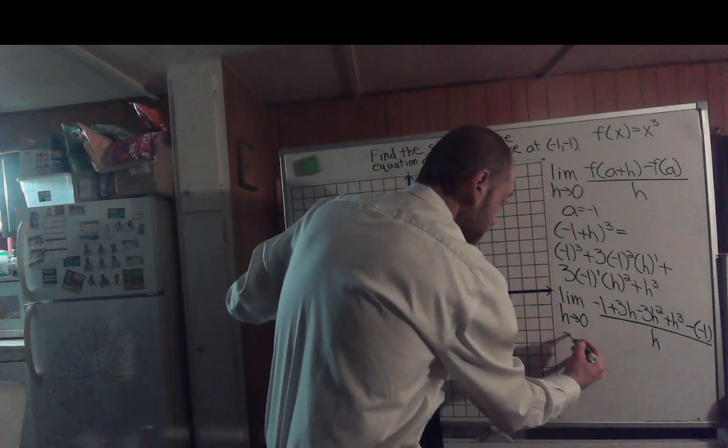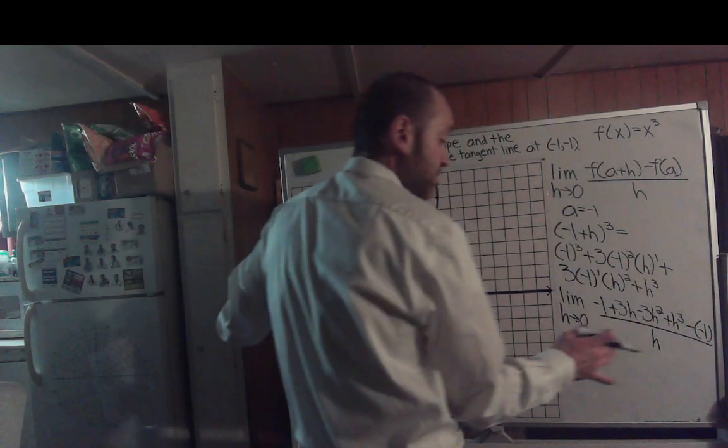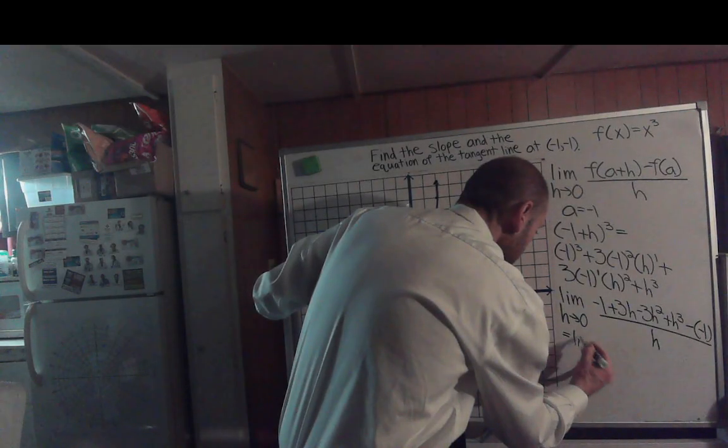Well, we can simplify this here. -1 minus -1 turns into -1 plus 1, which is 0. And notice now with these, what's left in the numerator, you'll just have the limit as h approaches 0 of 3h minus 3h squared plus h cubed divided by h.